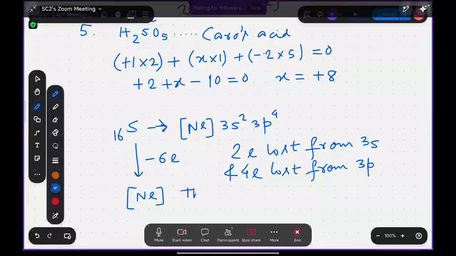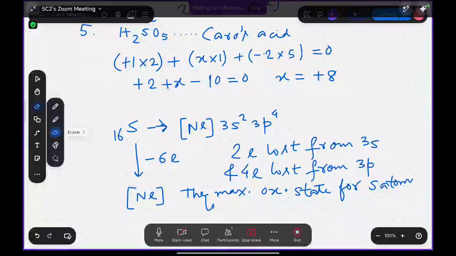The maximum oxidation state for sulfur atom is +6. It can be +2, it can be +4, it can be +6, but it cannot be +8.